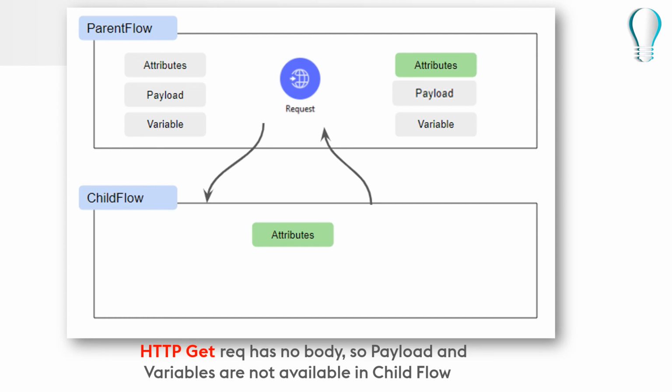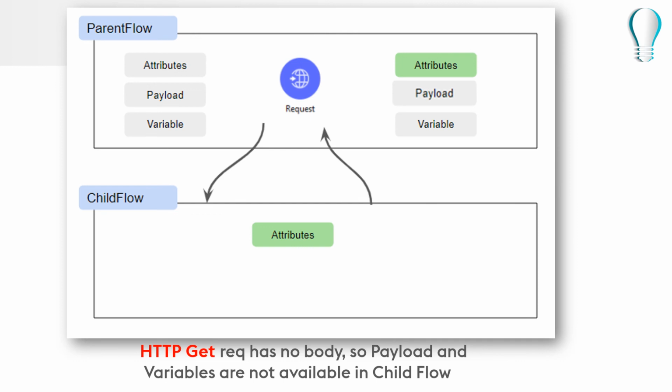So body comes in your payload, and query parameters, URL parameters, headers, everything else will always come in the attributes of the HTTP request. So in case of HTTP GET, you're not able to pass any payload, you're not able to pass any variable to your child flow. So of course your child flow is not able to update that payload and variable.